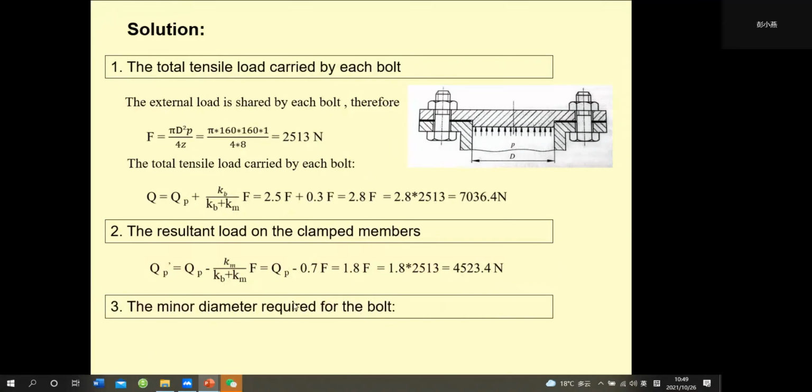And then the minor diameter required for the bolt. For this, we should use the strength criteria.